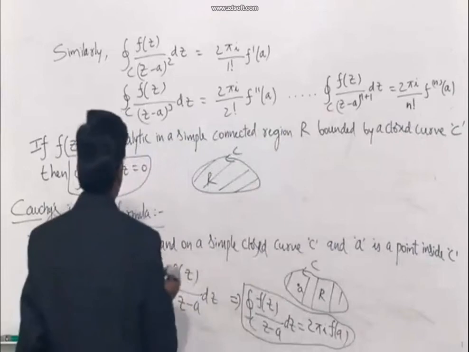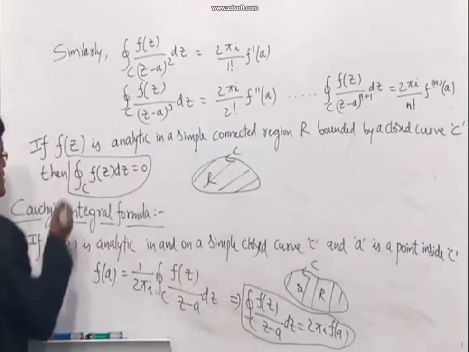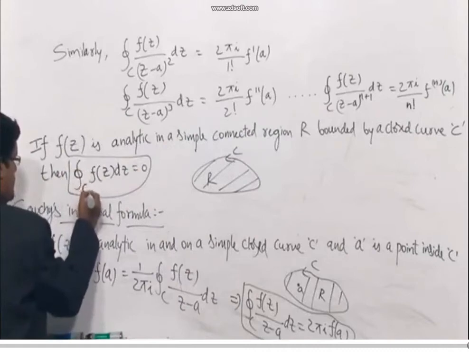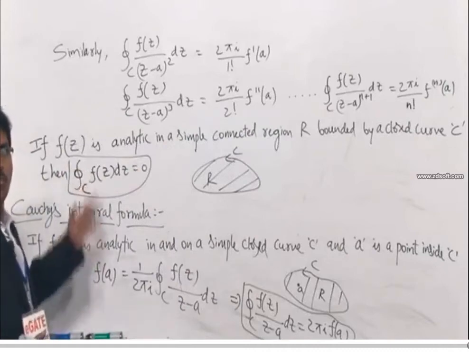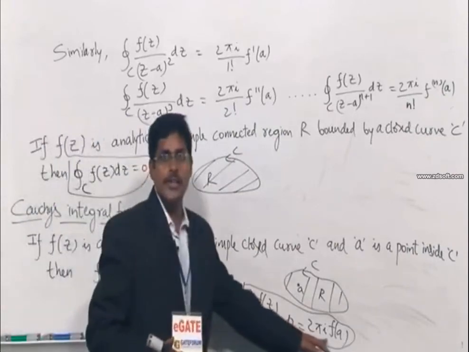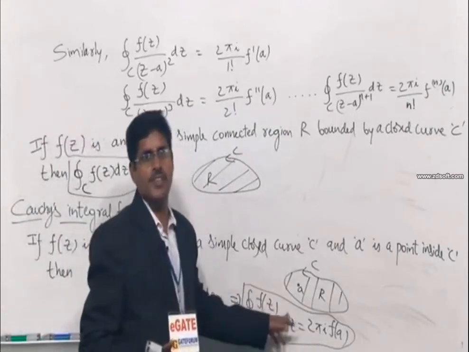Okay? So here, this is C, a closed curve. Integration over C. In this, 2 pi i into f of a.